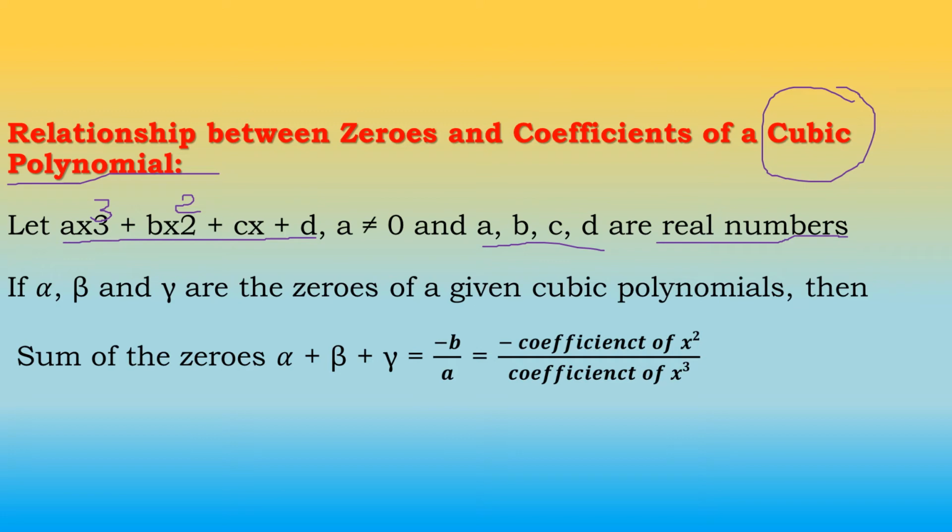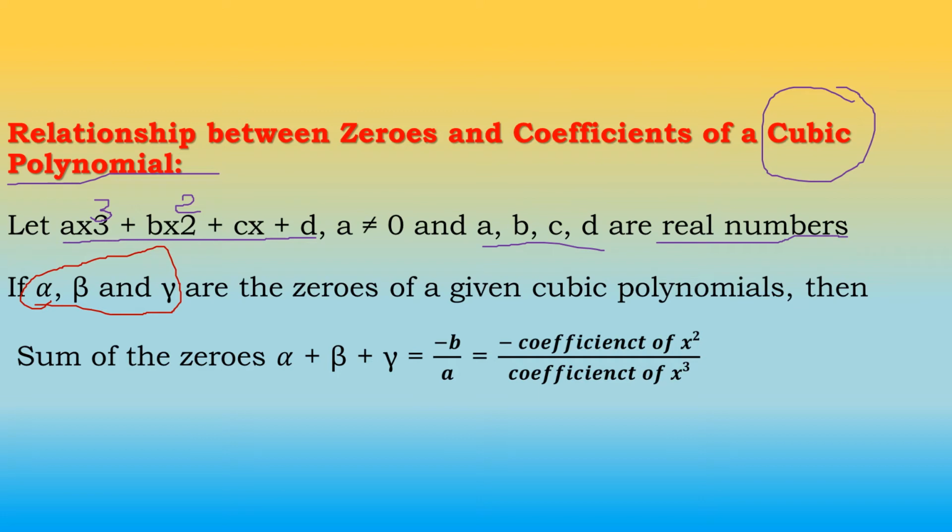For a cubic polynomial, how many zeros do we have? 3 zeros. What are they? Alpha, beta and gamma. These are the 3 zeros of the polynomial.